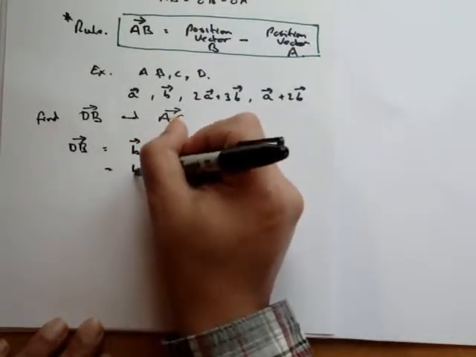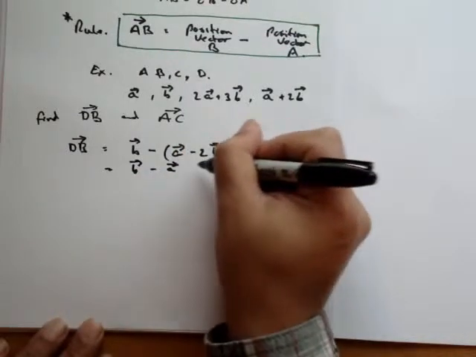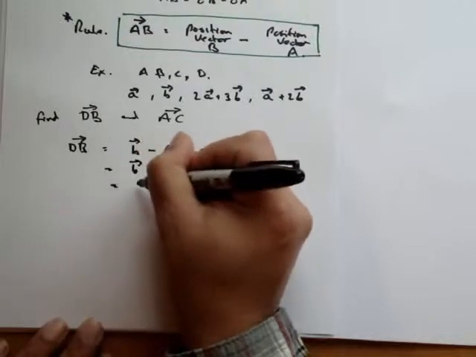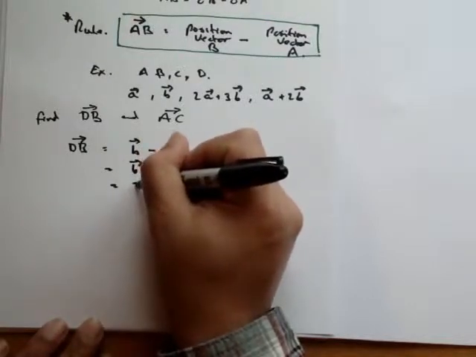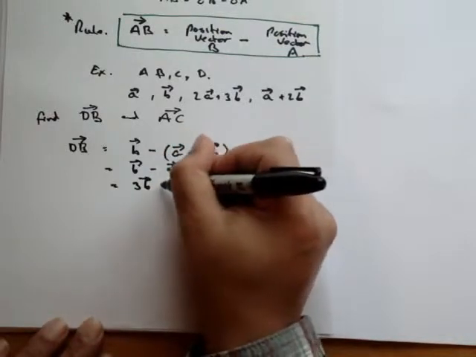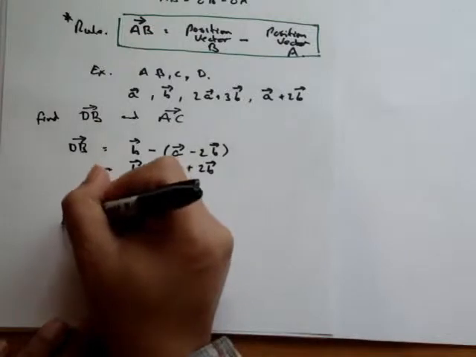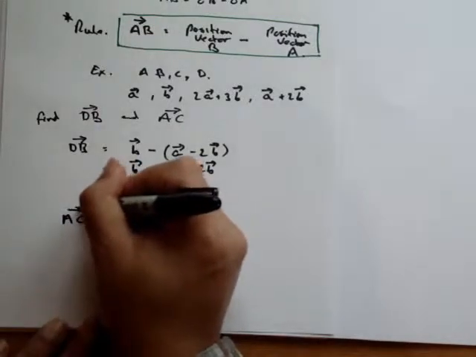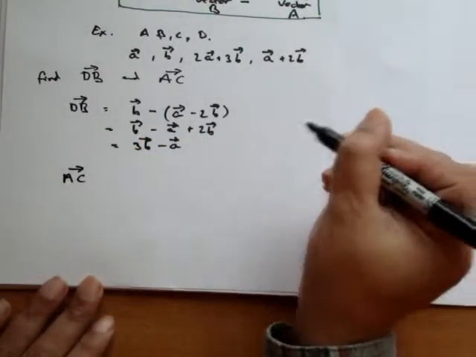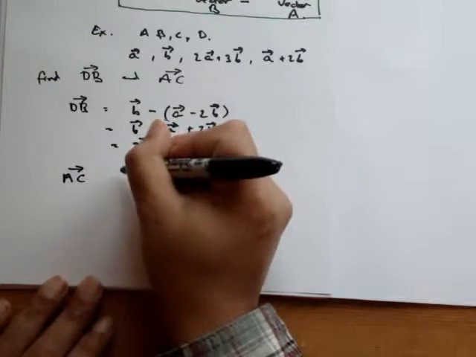This gives us B minus A. When we distribute the minus, we get plus 2B. So our vector is then 3B minus A. Similarly for AC, its position vector of C, which is 2A plus 3B, minus A.